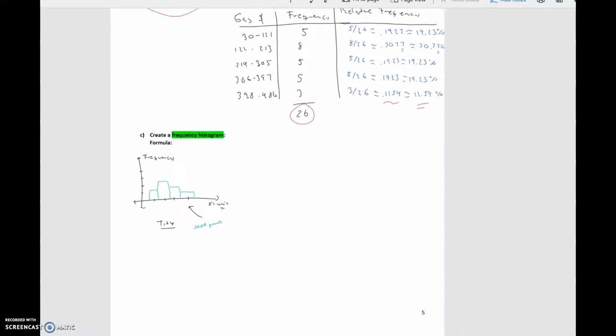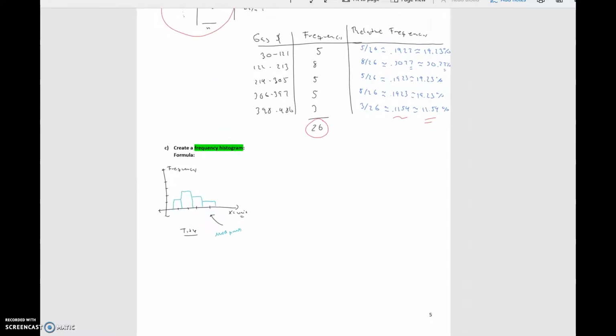Now, for this one, what we first have to find is each of the midpoints. So the first midpoint is going to be 30 plus 121, divided by 2. Please take a second and evaluate that and see if you're matching. Don't forget the parentheses. So you would say 30 plus 121, divided by 2.